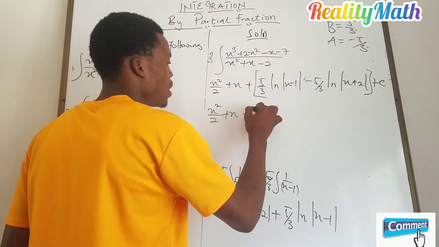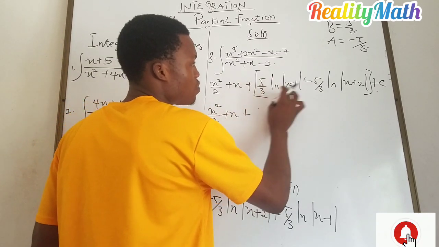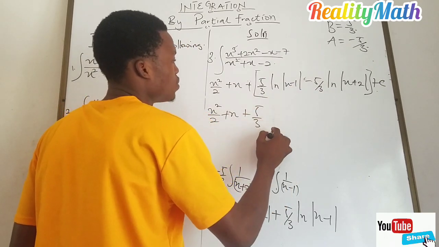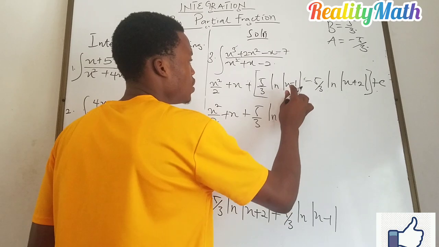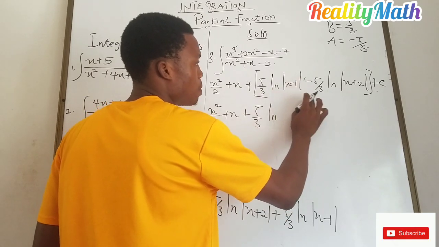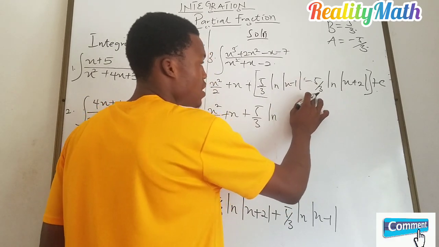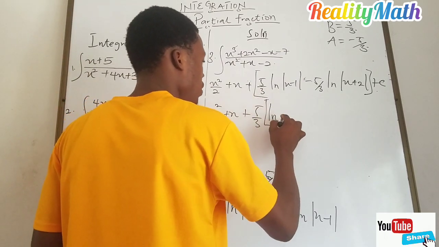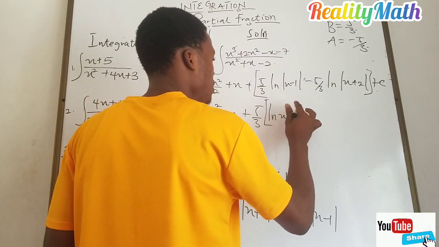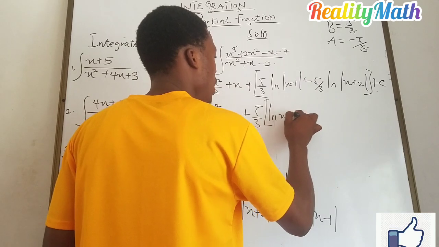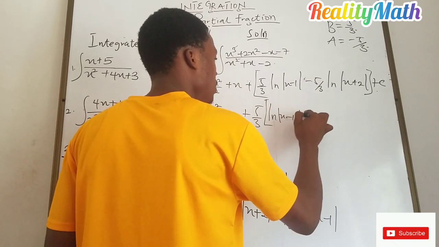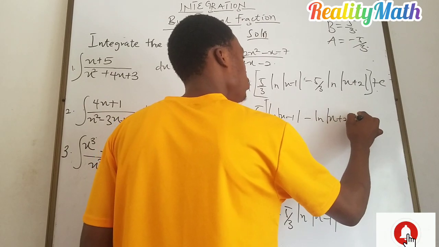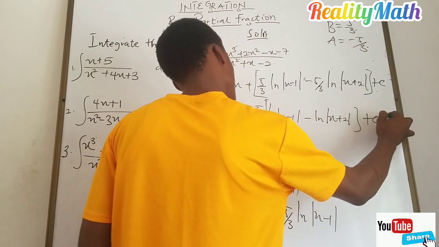This is going to be plus, first let's factor out 5 over 3 out. So we're having 5 on 3 ln of, this is x minus 1, right? This is minus, so it means that they are subtracting. But let's see, this is going to be ln of x minus 1, alright, minus ln of x plus 2 plus some constant c.